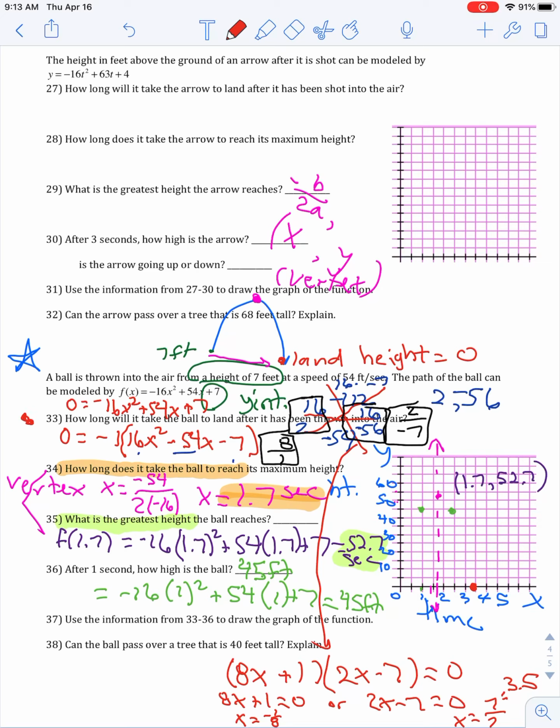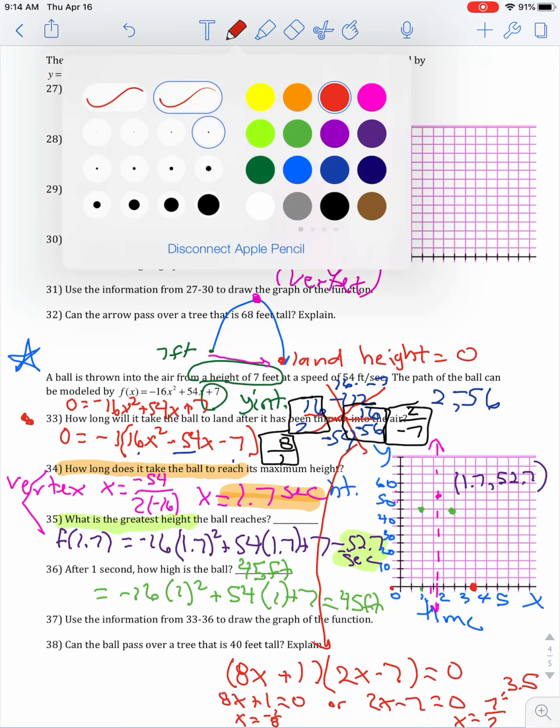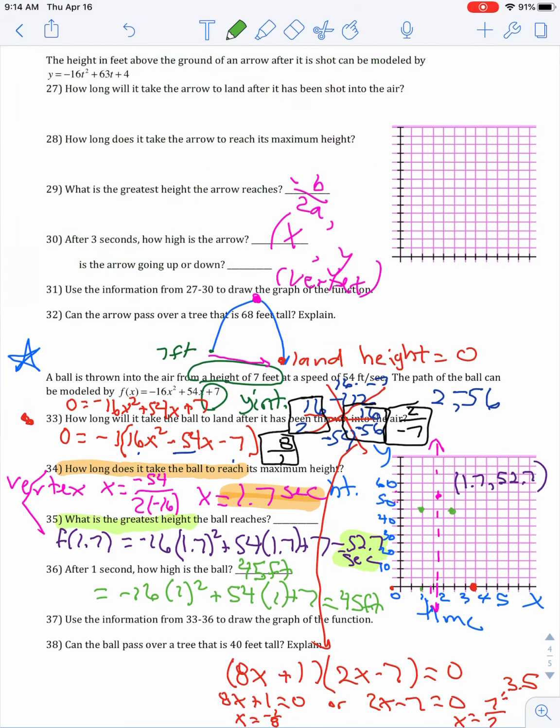The reason it's negative 1/8, way over here, just a little bit past 0, is because remember that y-intercept. Our starting height for this ball was not at 0, it was at 7. So it was about right here.